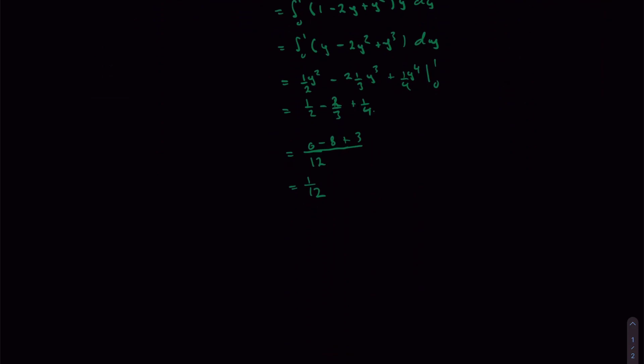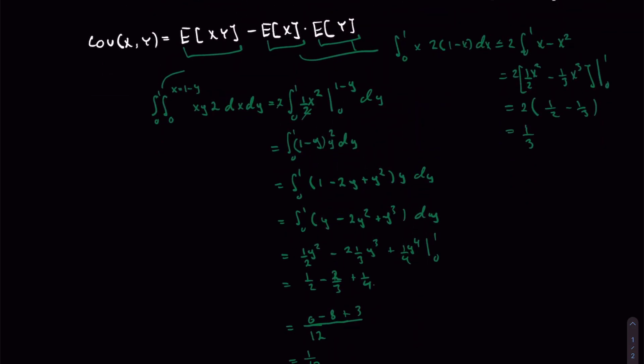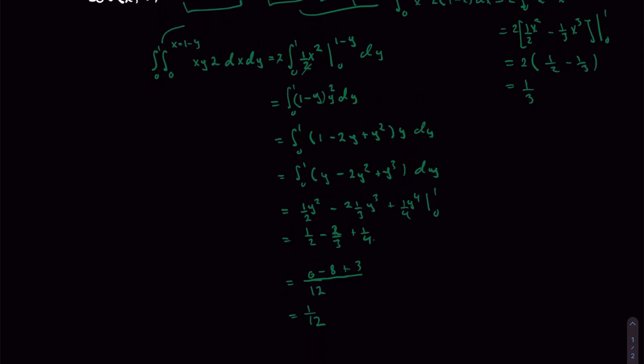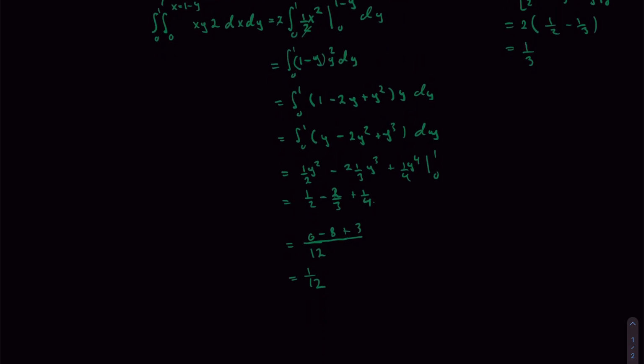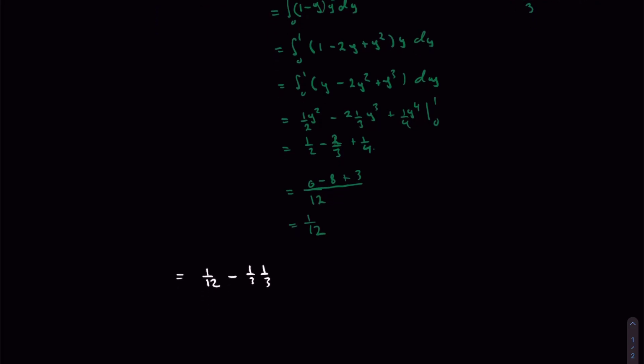So we have 1/3 times 1/3, and 1/12 minus 1/9 is minus 1/36.